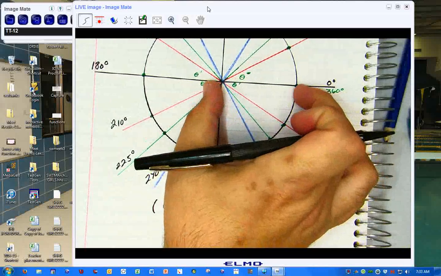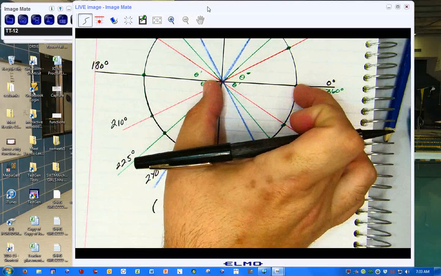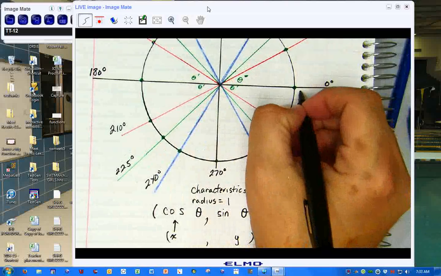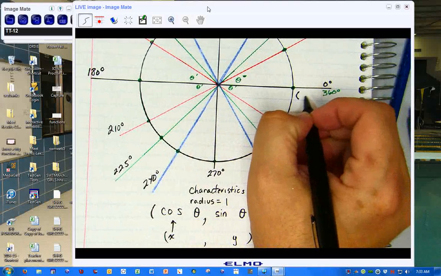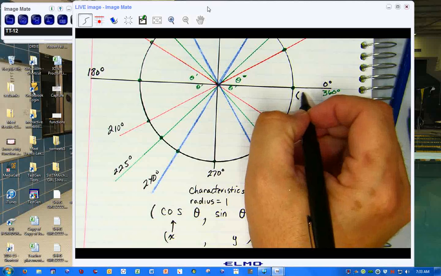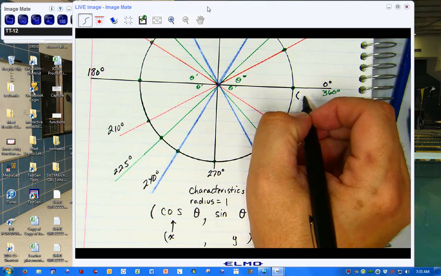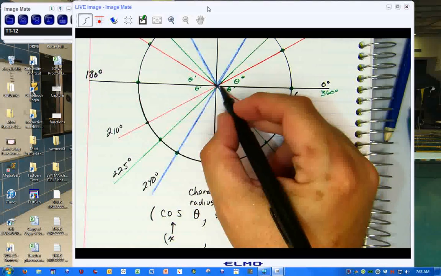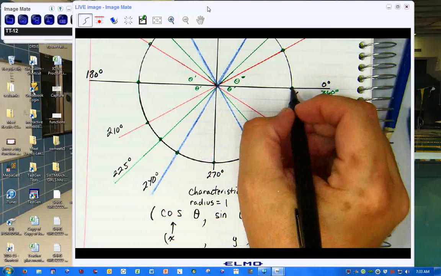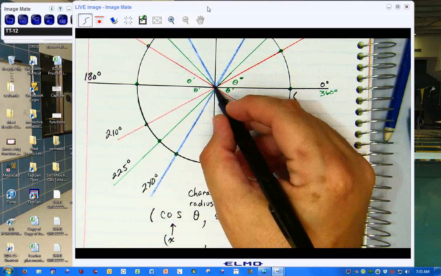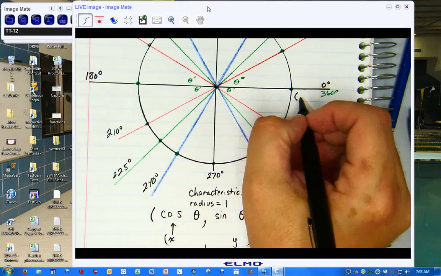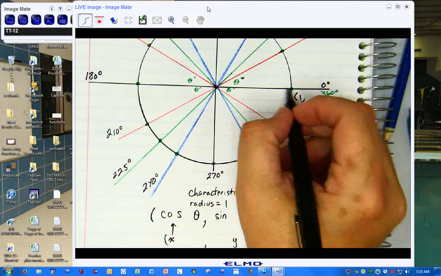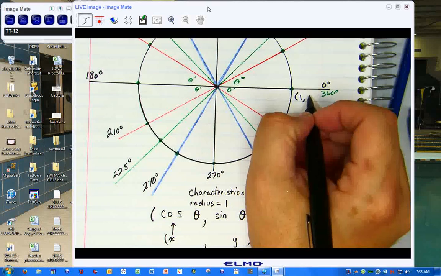So this distance here, if I put the coordinates here, what's my x value? Since the unit circle goes out and it has a radius of 1, the center is right there. How far do we go along the x-axis? 1. How far do we go along the y-axis here? 0.